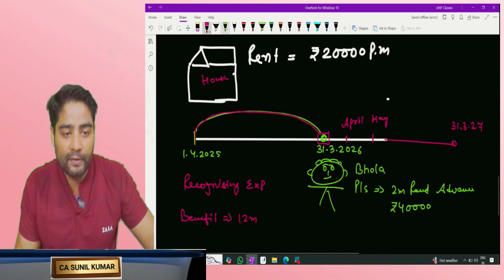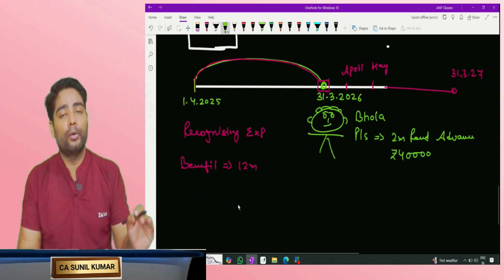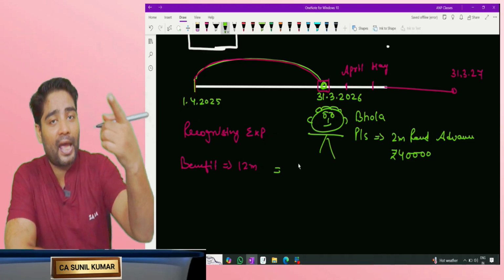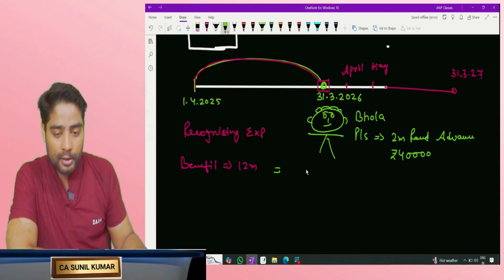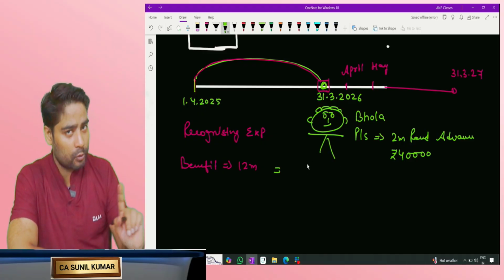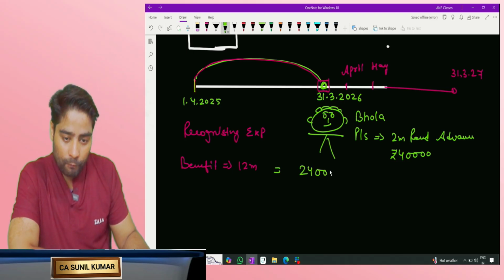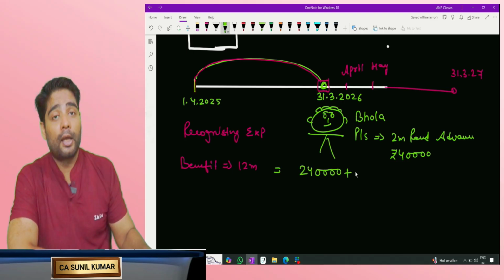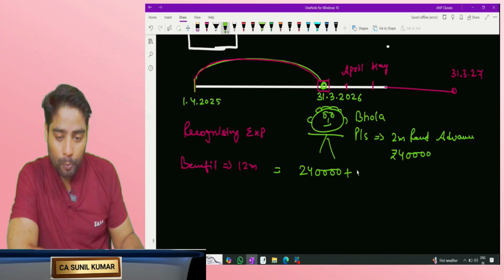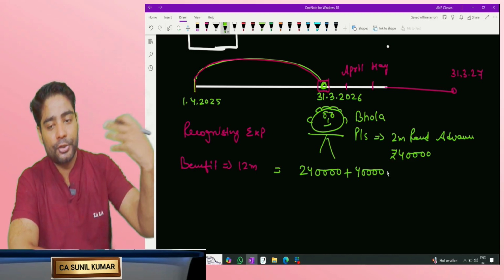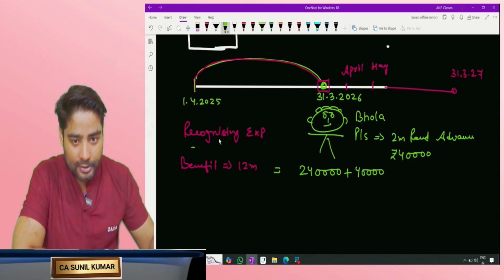So how much benefit I have taken from this house? So only for 12 months. But how much amount I have paid? Sir, you paid rent of 20,000 per month, and for the whole year you paid 2 lakh 40,000. But your landlord asked to pay 40,000, that is the advance rent of next 2 months. Now match this.